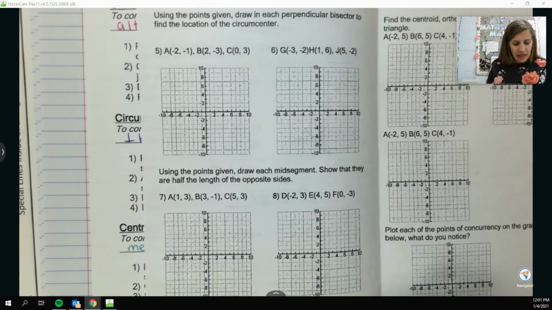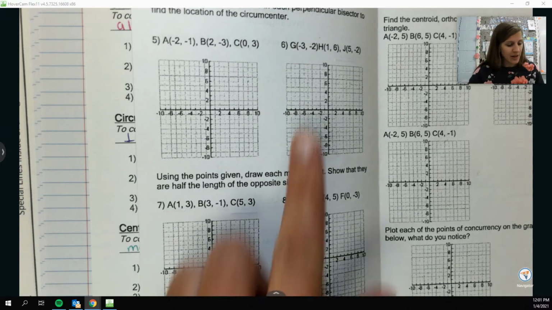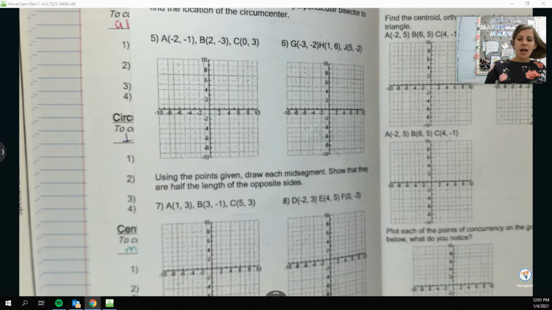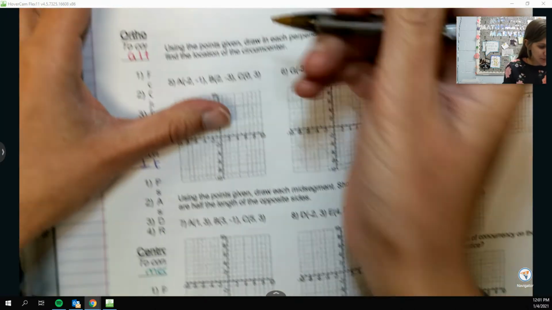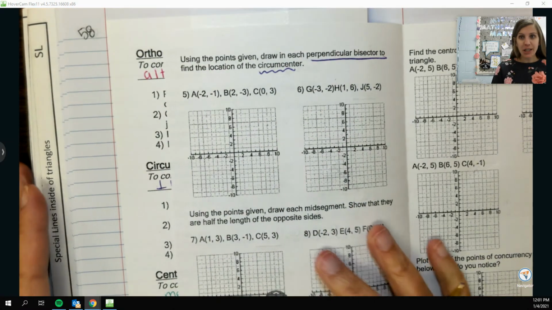And so then last but not least, oh no, we'll try one more after that. I guess we can do the mid segment as well. We will try our circumcenter, which we will find by doing the perpendicular bisectors.